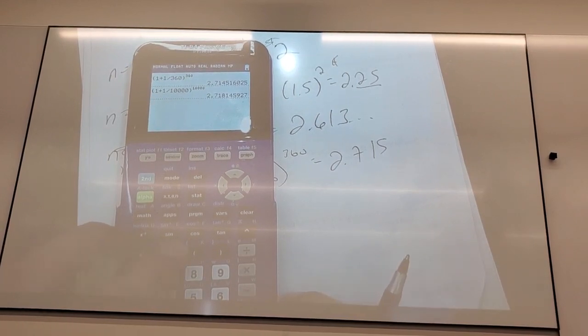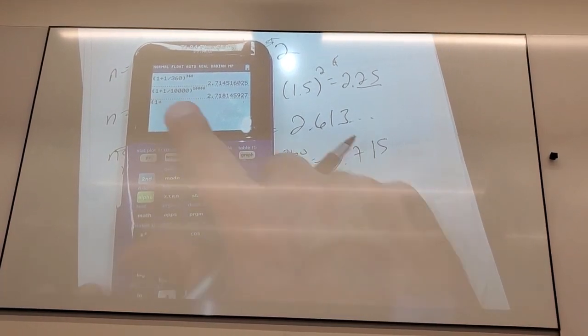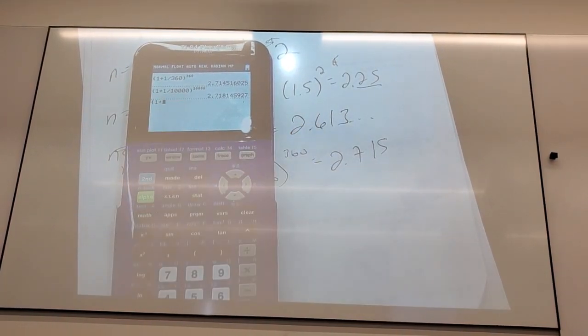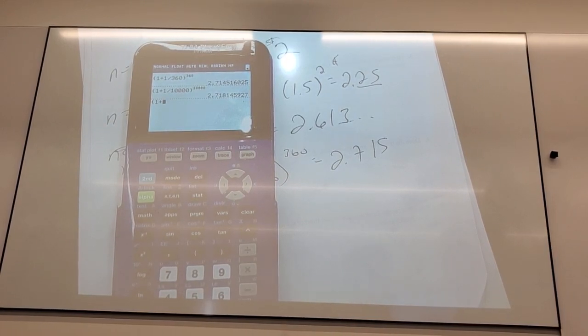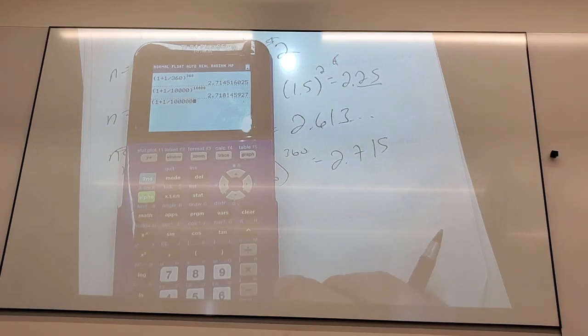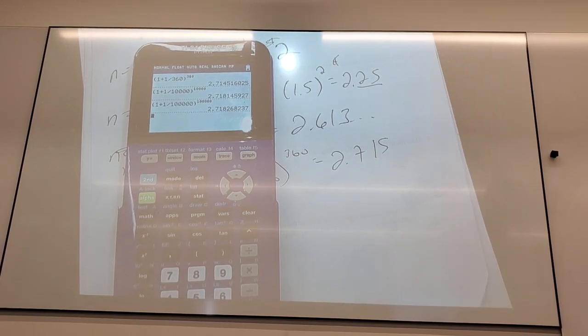You guys all with me still? This is if I do it 10,000 times a year. If I compound it, I add the interest 10,000 times. So what if I do it 100,000 times a year? It seems to be settling on a specific number.